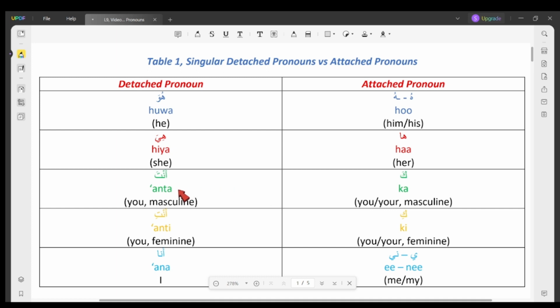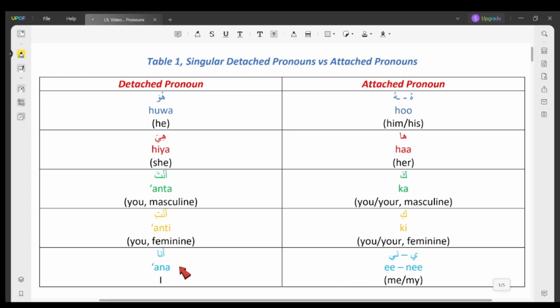The third one, you masculine. Anta. And on the right, ka, meaning you or your. The next one, you feminine. Anti. And on the right, ki, meaning you or your.